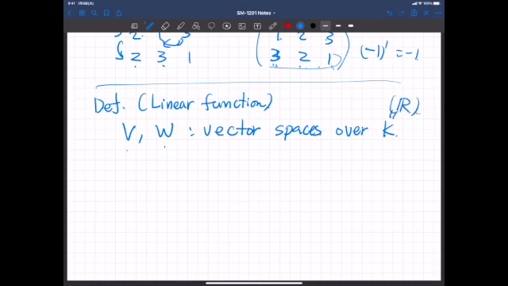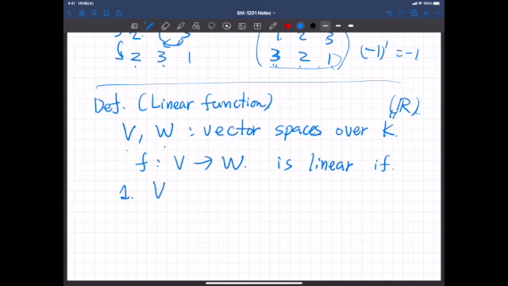Then let f be a function from V to W, and we say this function is linear if the following holds.